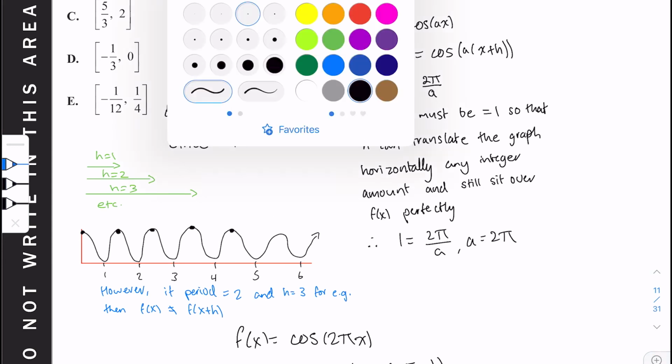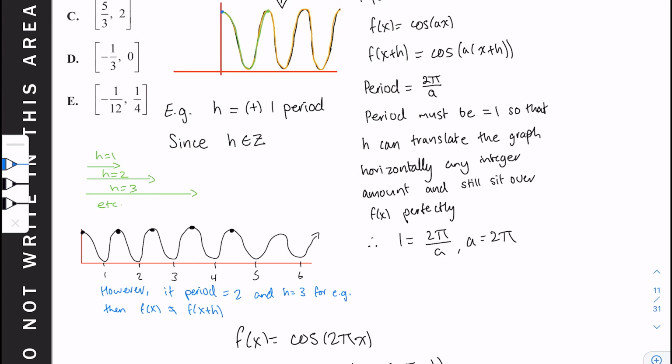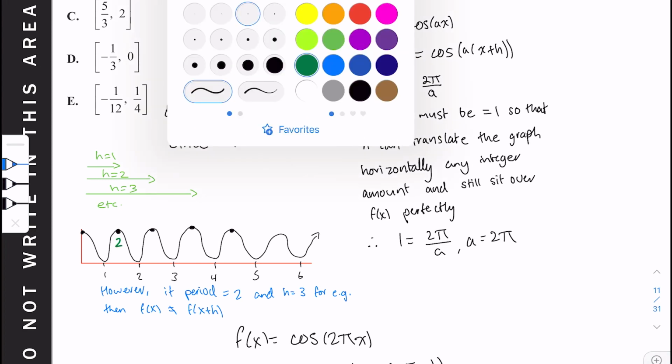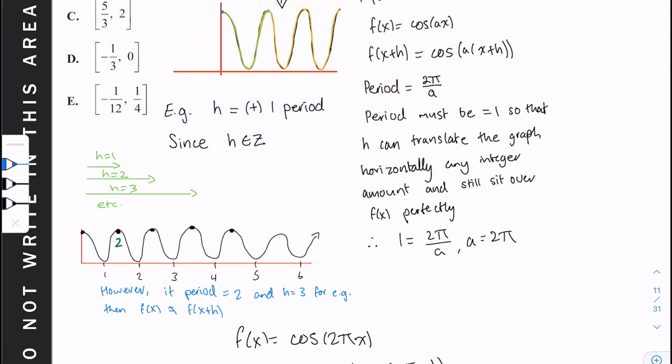However, if the period is equal to 2, and then h equals 3, where h is still an integer, that means you're shifting this starting point to 3, which is here, and now your graph looks like this, and everything's off. So that means the period has to be 1, not any integer.